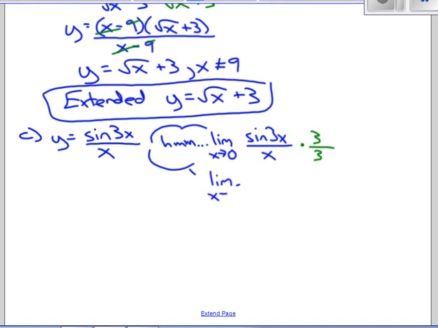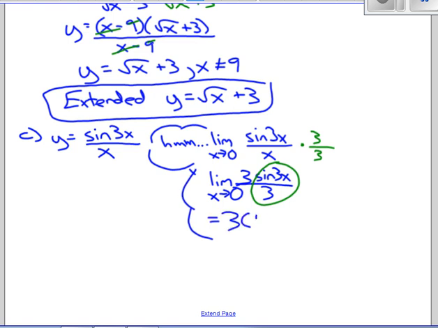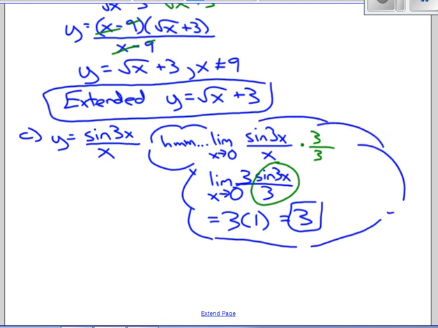That's going to give us the limit as x goes to 0 of 3 sine 3x over 3x, which is the number 1 when we're done with it, using our limit rules. So this will be 3 times 1, or 3. Okay, now that is not the equation of the extended function, but that will help us.